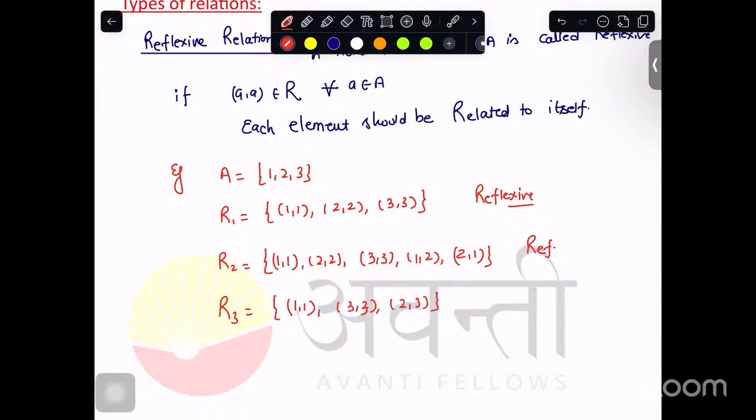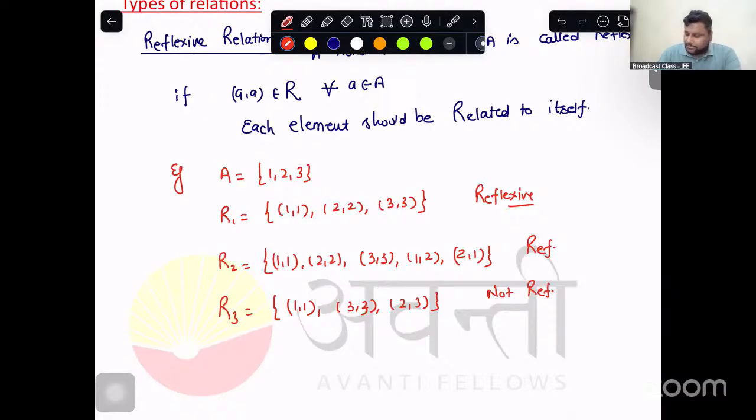No, not reflexive. Why so? Because (2,2) is not in R3. Every element should be related to itself.